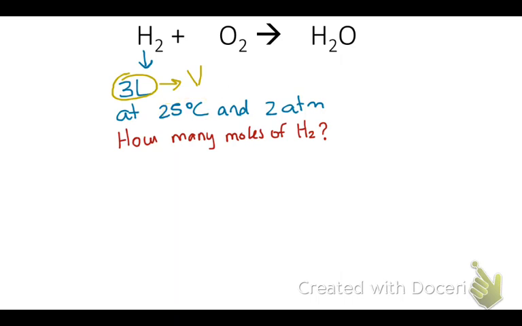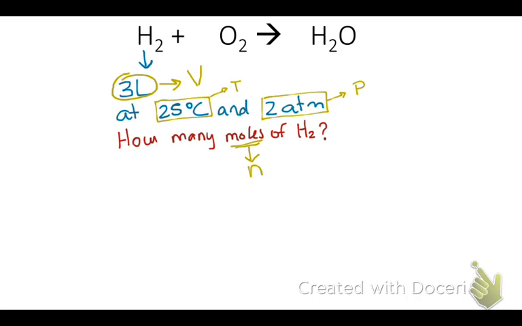What is 25 Celsius? Temperature. Okay. What is 2 atmospheres? The pressure. And what do you need to calculate? The moles. And moles is represented by n.